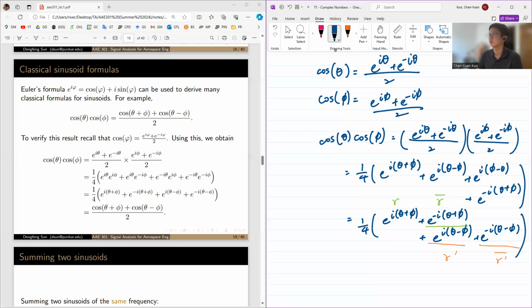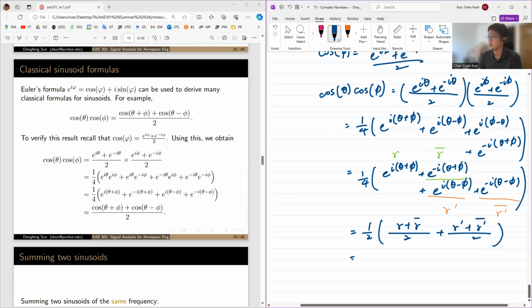So here we can rewrite this as 1 over 2 times gamma plus the complex conjugate of gamma divided by 2, plus gamma prime plus the complex conjugate of gamma prime divided by 2.